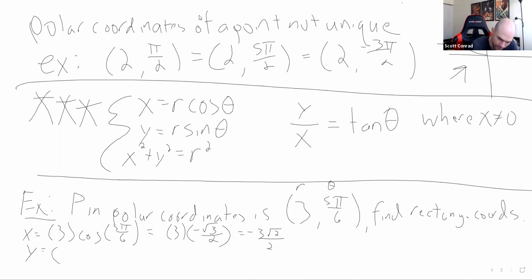And then y is going to be r sine theta, with theta 5 pi over 6. And then sine of 5 pi over 6 is what? Positive 1/2, right?